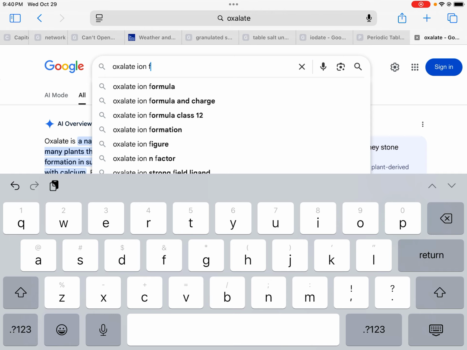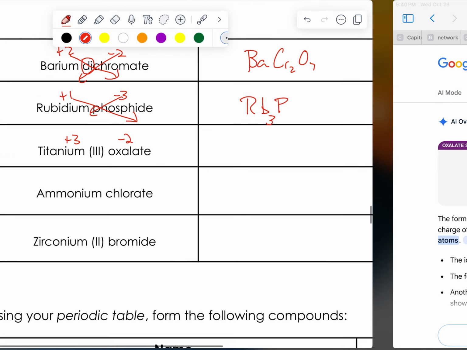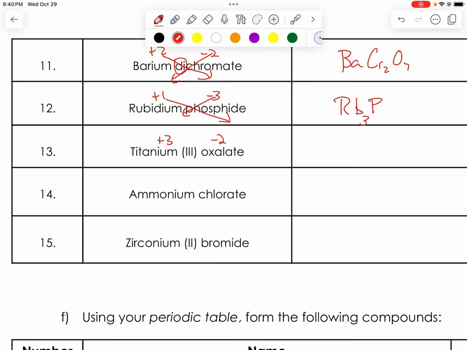Ion formula. Go. Yes, C2O4 minus 2. All right, so titanium is Ti2(C2O4)3. So the 2 goes to titanium. The 3 goes to oxalate. And there you have it.